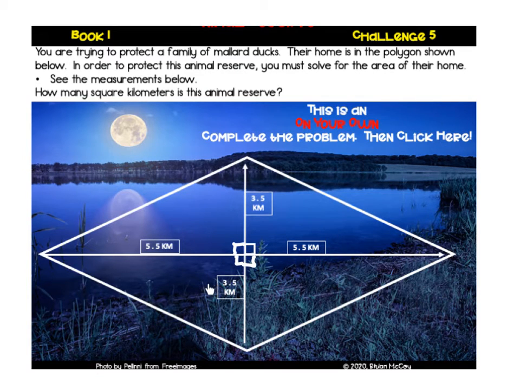So this will have the same area as all of the other triangles. Now that's kind of cool because what it means is I can solve for one triangle here and get the area of that and then just multiply it by 4, and I will have the entire polygon area.